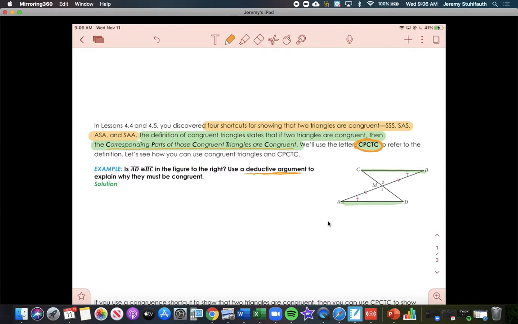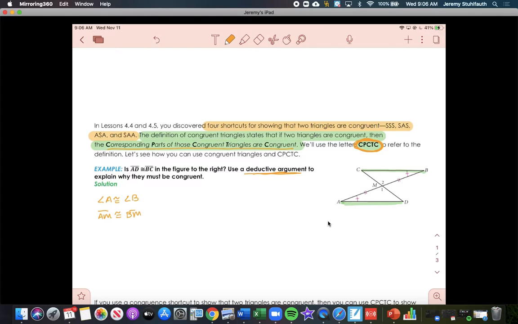So we want to write down all the information that we know. First things first, we know that angle A is congruent to angle B. And we also know that side AM is congruent to BM.